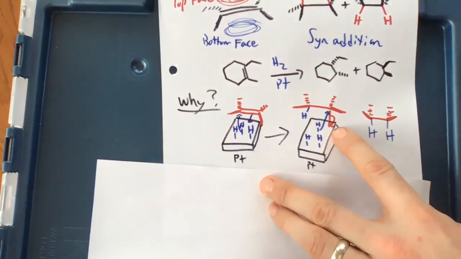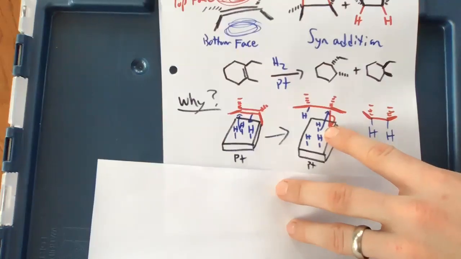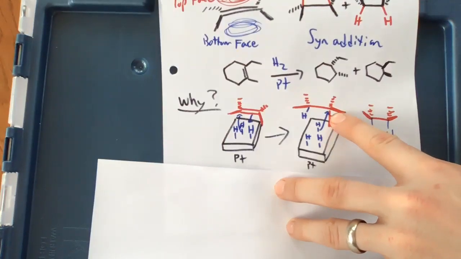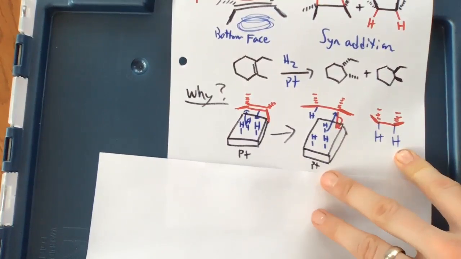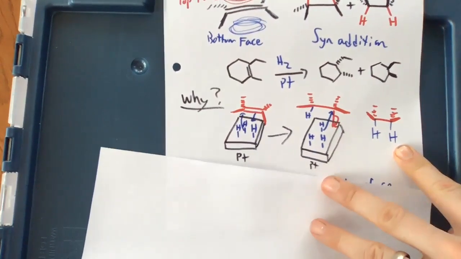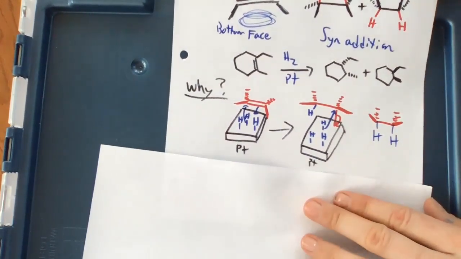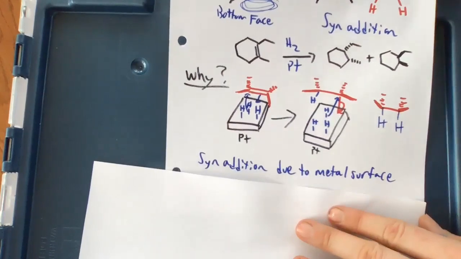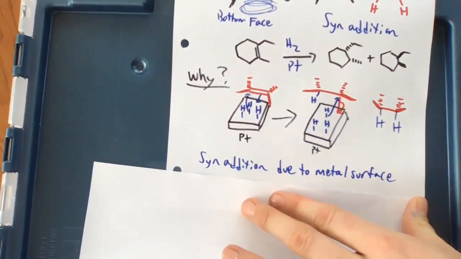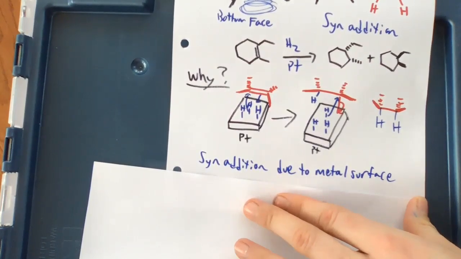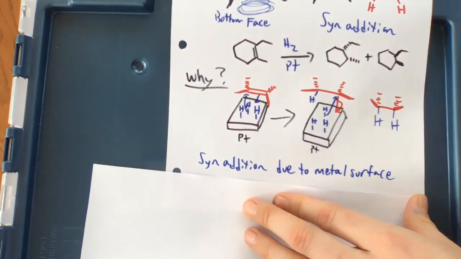With this bonded alkyl metal complex, a hydrogen can attack that carbon atom, resulting in a syn addition. And this is how platinum catalyzed hydrogenation reactions occur. The key is that syn addition is totally due to the metal surface. The metal is a stationary phase, and the reaction happens totally on one face of the molecule.